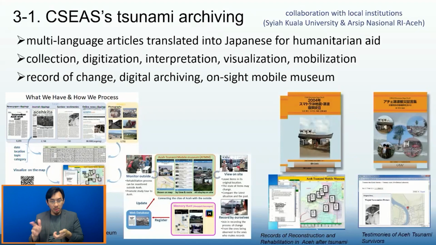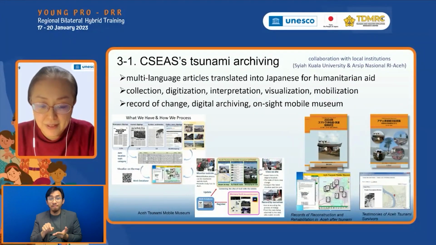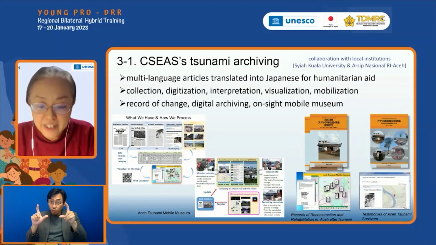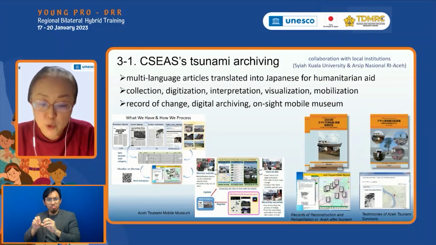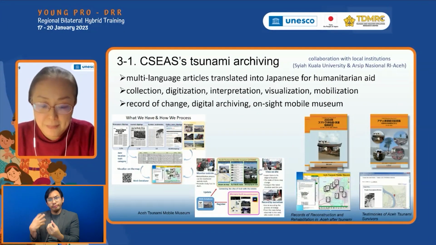The types of materials we have collected are diverse, including visual materials such as photographs and videos, articles in serial publications such as newspaper articles and magazine articles, and testimonies of victims and supporters.